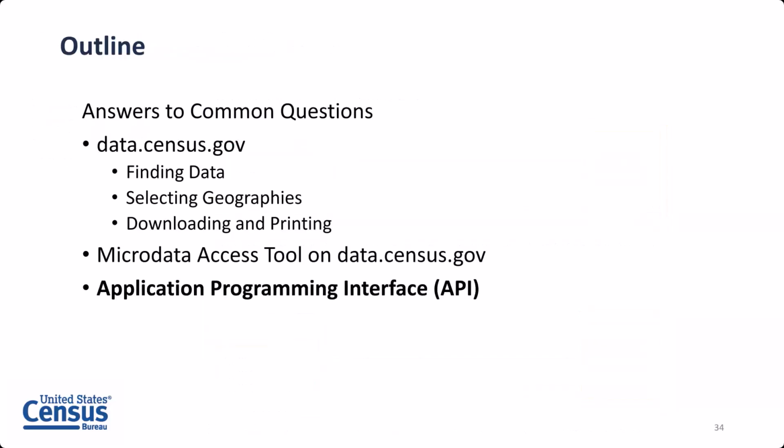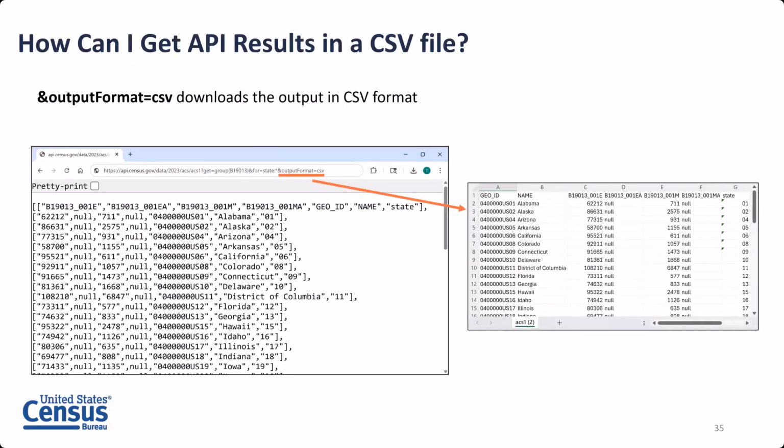All right, moving outside of data.census.gov to the Application Programming Interface, or API. For folks that are using the API, we get lots of questions wanting to know how to get the results in a CSV file. Within the last few months, we released a new parameter. You'll put ampersand output format equals CSV, and do know that it's case sensitive.